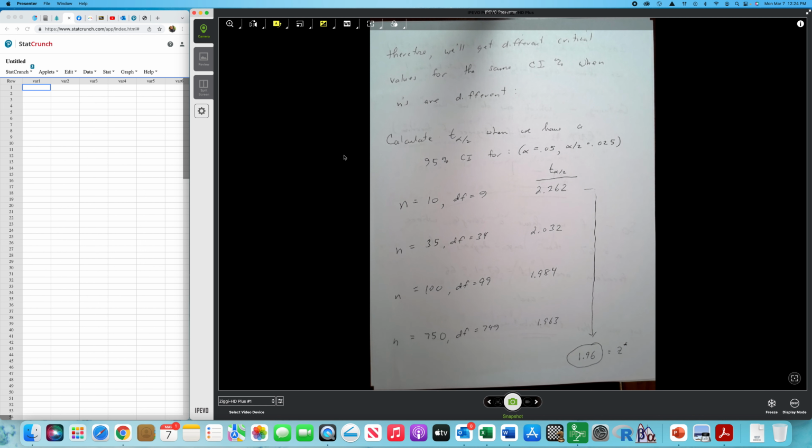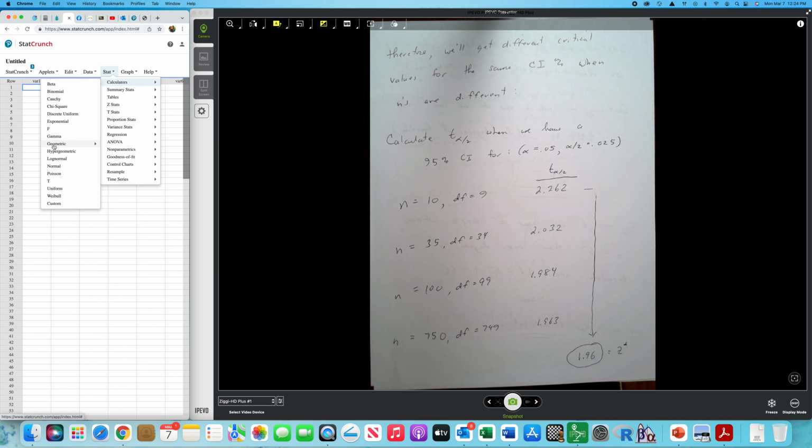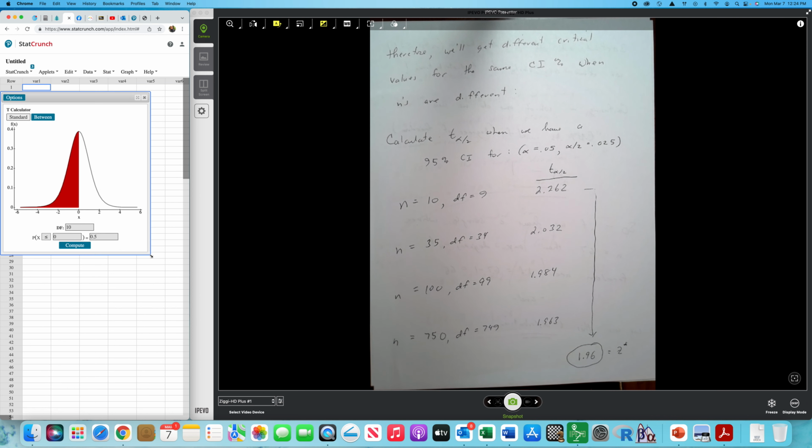All right, gang, so how do we come up with this 2.262 and 2.032 and so on? We go to our calculator, and instead of going to normal, we go to our t calculator. Why? Because it's a t distribution that we're using.